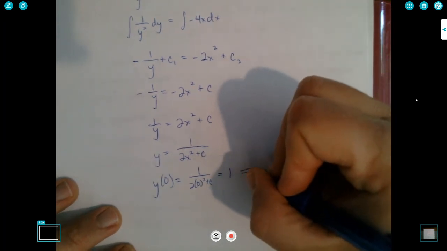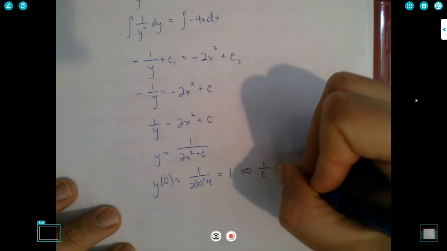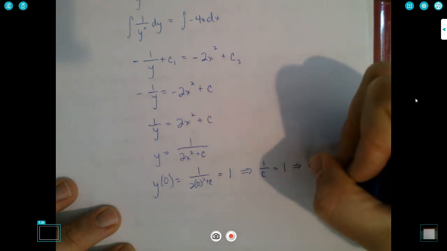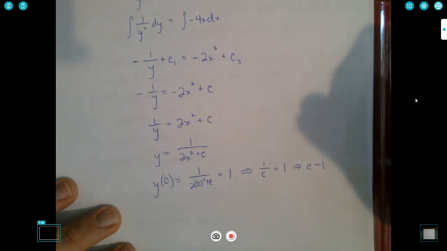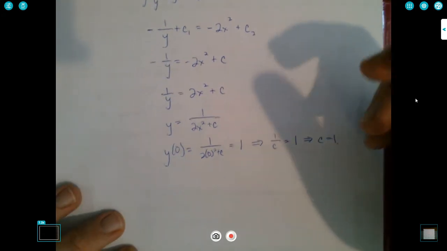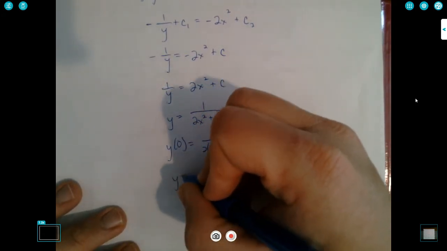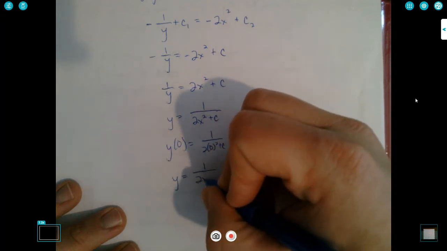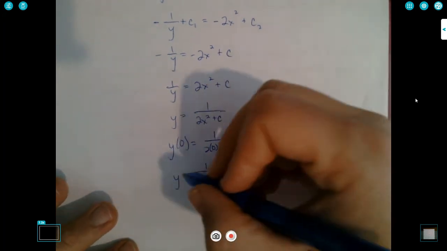Well, this means that 1 over c equals 1, which means that c equals 1. Putting it all together then, we can say y equals 1 over 2x squared plus 1.